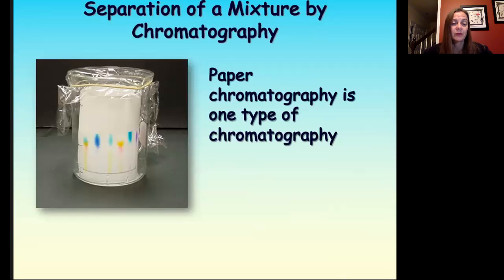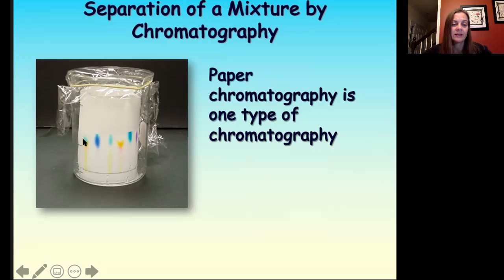The more similar the intermolecular forces are to the intermolecular forces in the solvent, the farther and faster your substance is going to travel. And so that means that if your substance is very polar, and I would say that this particular marker was more polar, or this particular ink or dye was more polar, because it's moving less quickly or has not moved as far.